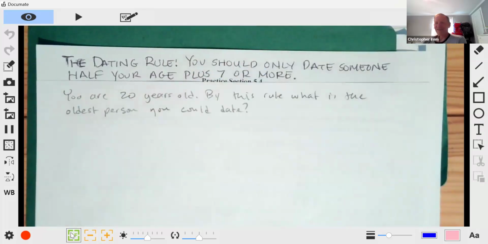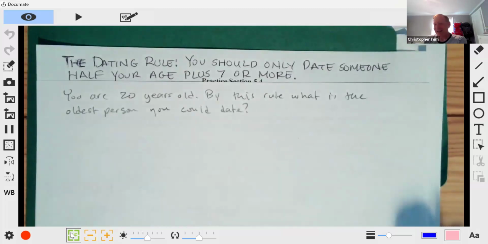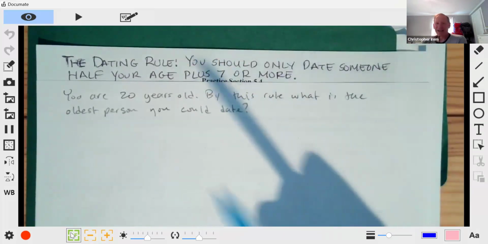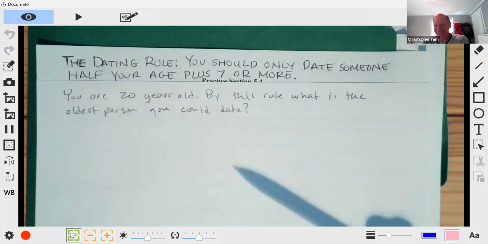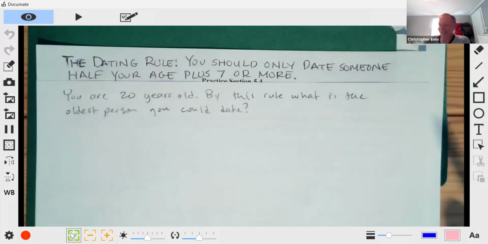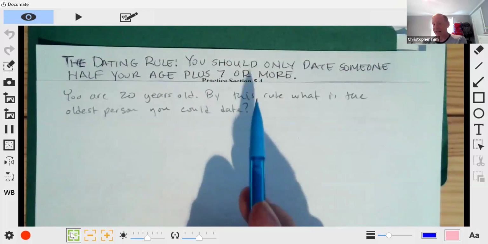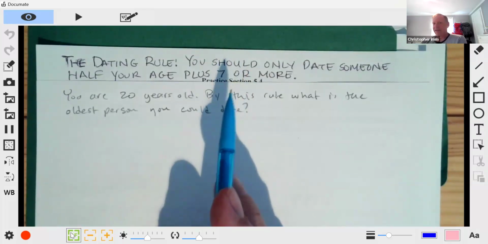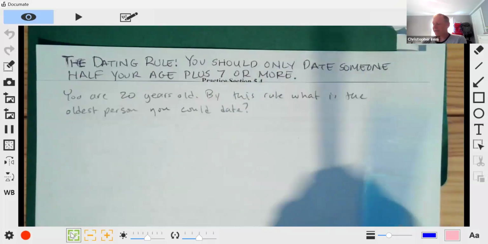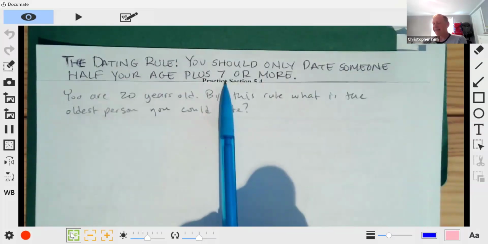All right. In my case, I'm an old guy, so I would take my age, divide it by 2, and add 7, and I would find the youngest person I could date. Now you're 20, so we're going to take the reverse of this rule. The first thing I did was half my age, and then I added 7.